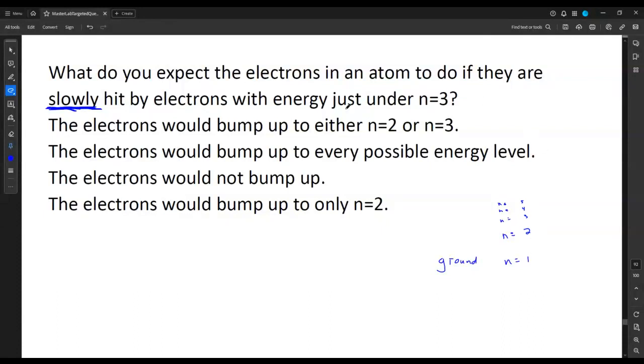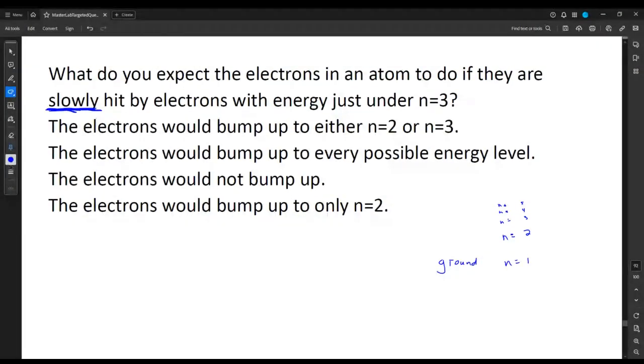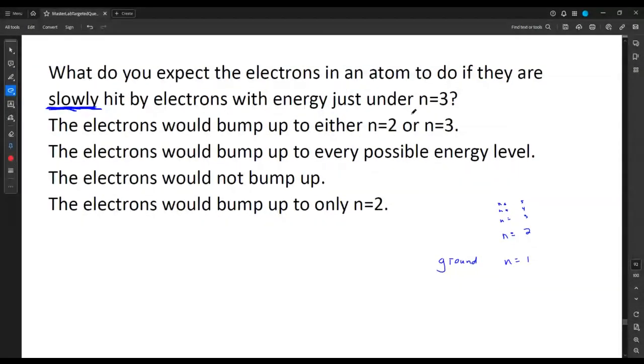So let's think about how much energy we're hitting this atom with. We're hitting it with energy that is just under n equals 3. So that means it can't quite get to n equals 3, and it certainly can't get to 4 or 5. So the only possible option is, if it doesn't excite at all, I guess it could stay at ground level, but the only possible thing that it could jump up to would just be n equals 2.